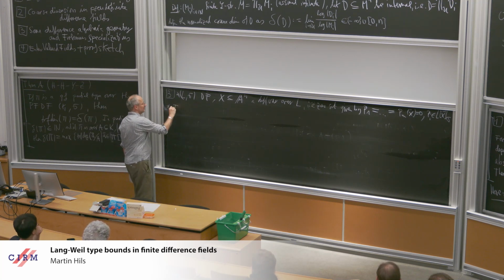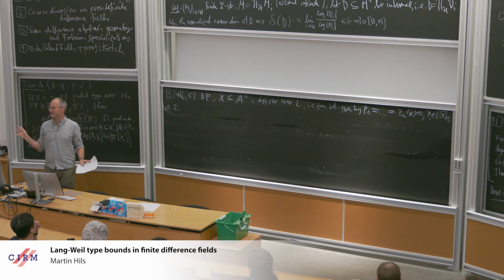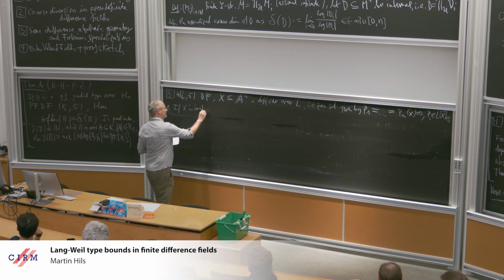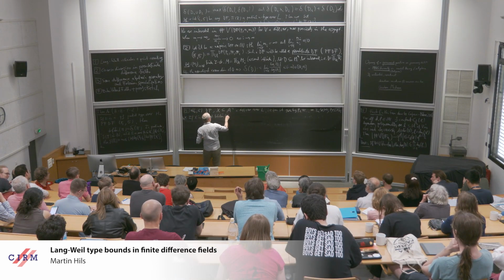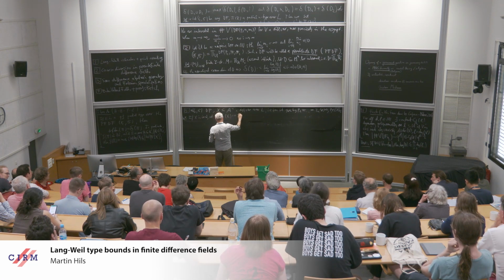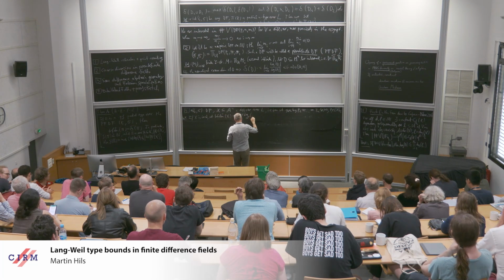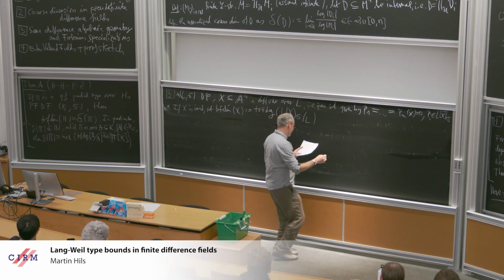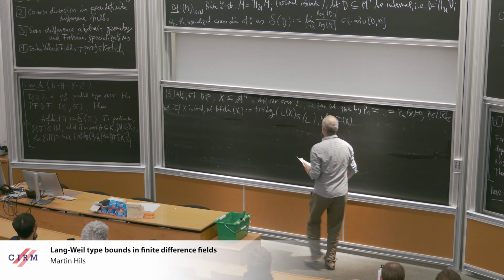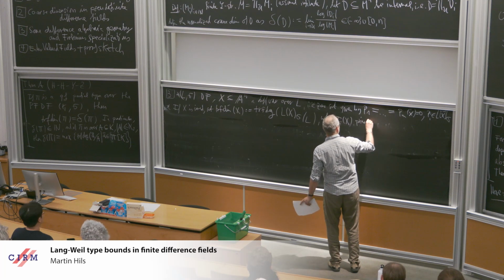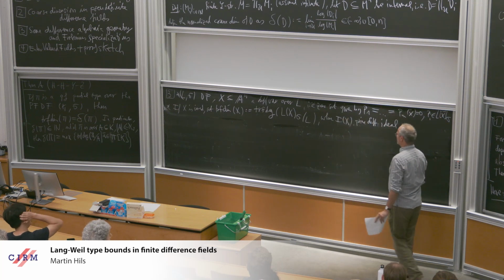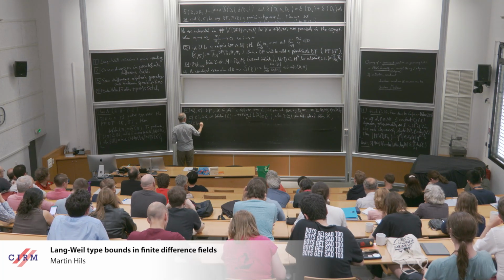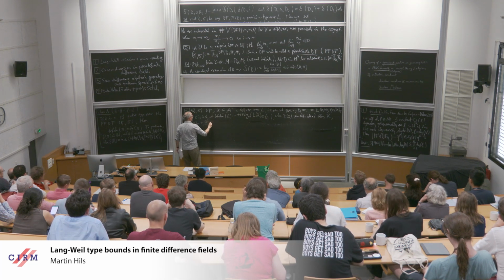Since the topology is Noetherian, every difference variety is a finite union of irreducible components over L. If X is irreducible, set the transformal dimension of X to be the transformal transcendence degree of the function field of X over L, where I(X) is the prime difference ideal defining X, and L(X), sigma is just the field of fractions of L{x}/I(X).